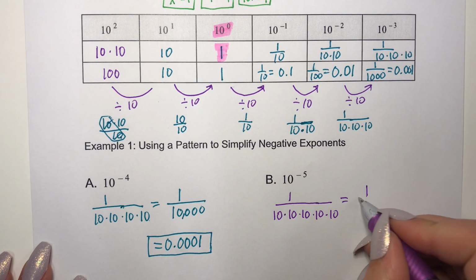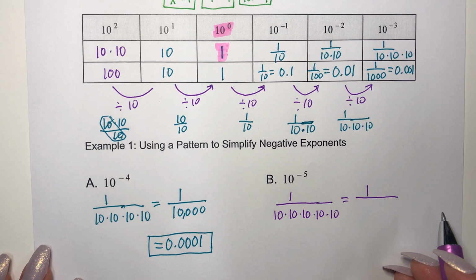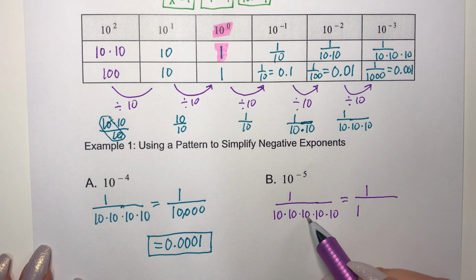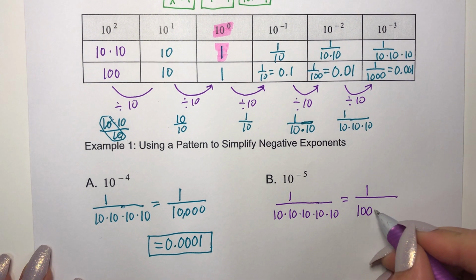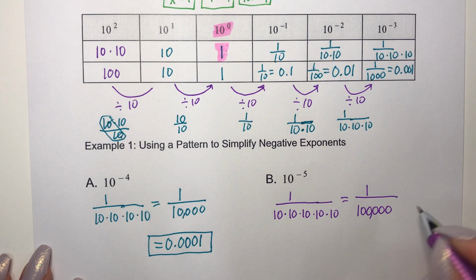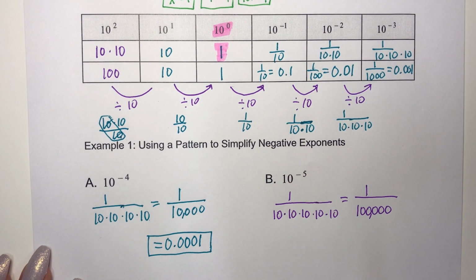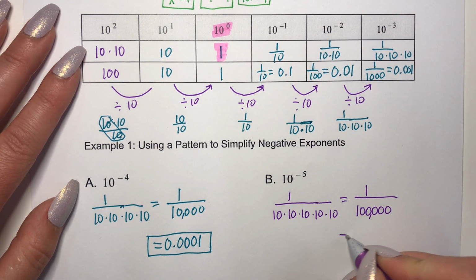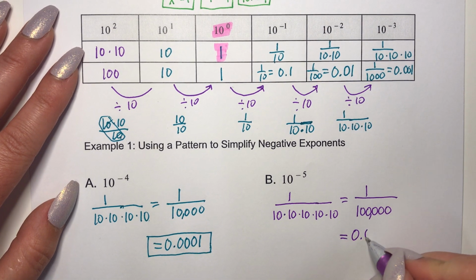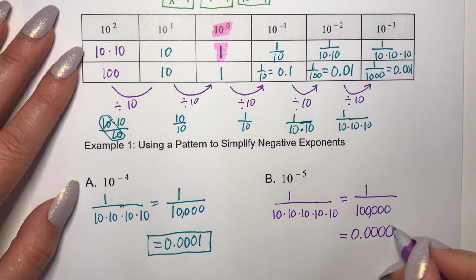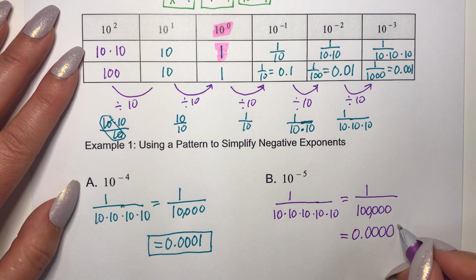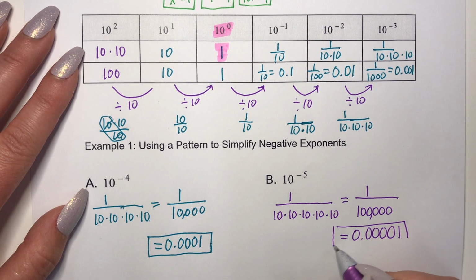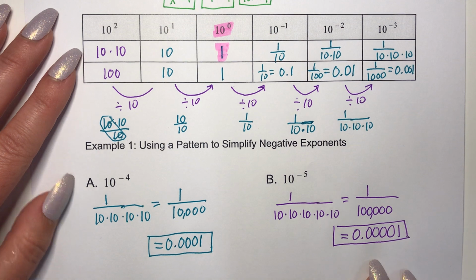And that would equal 1 over 1 and how many zeros? 1, 2, 3, 4, 5. Ooh, 1/100,000th. Okay, so let's write that in the form of a decimal. So we have 0 point, this is the tenths, hundredths, thousandths, 10,000ths, 100,000ths would be right here, and there's one of them. There's 1/100,000th. That is a lot to say. And so there's our answer in the form of a decimal.